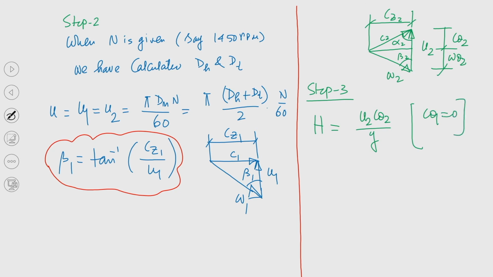So, this is the outlet velocity triangle, and this is the inlet velocity triangle.